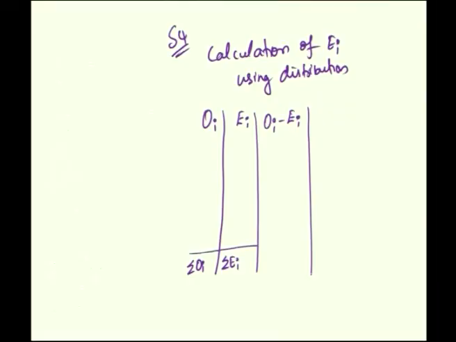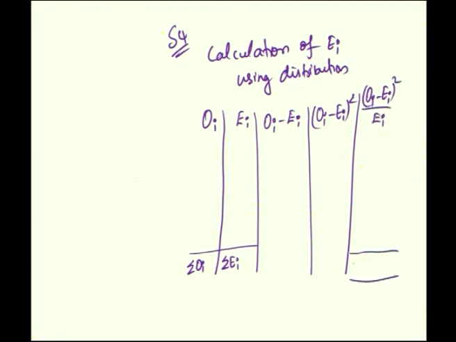Then you form the tabular column Oi minus Ei, then the column Oi minus Ei whole square, then the column Oi minus Ei whole square by Ei. The summation of this last column is summation of Oi minus Ei whole square by Ei, which is the formula for chi-square.